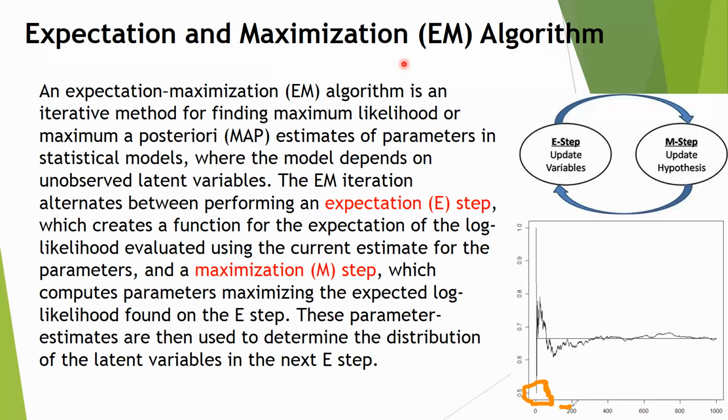But after the number of iterations goes to a large number, you're going to see the estimation become very stable. We call this convergence. It means the estimation converges to the value that we are looking for. So this is the iterative algorithm.